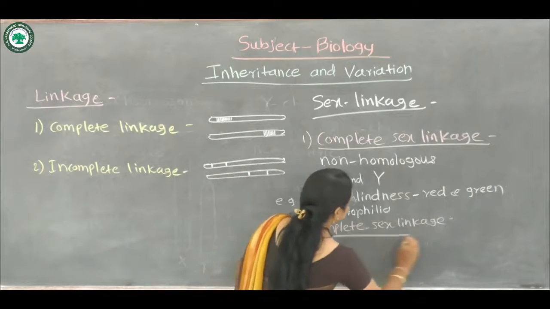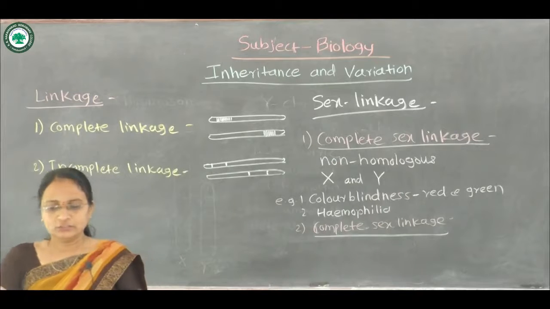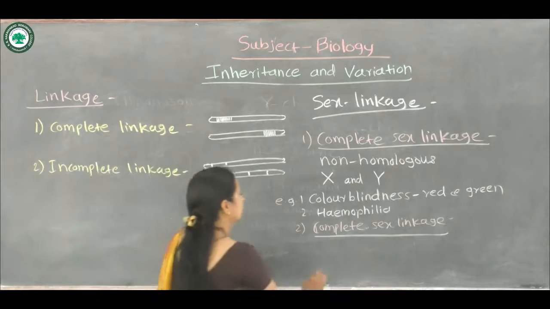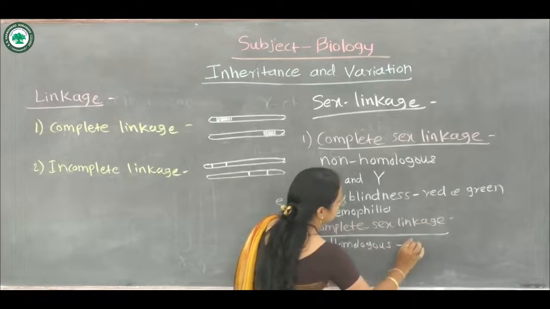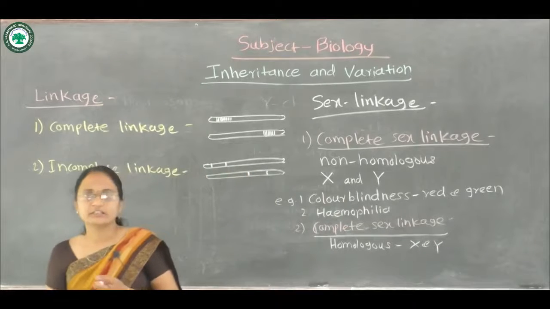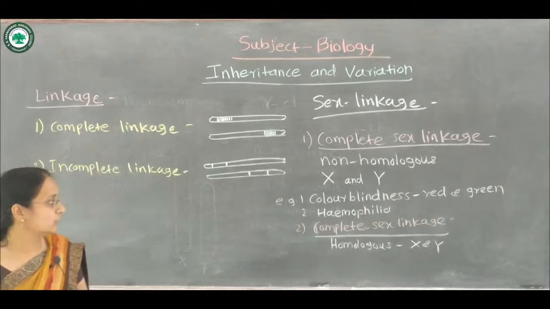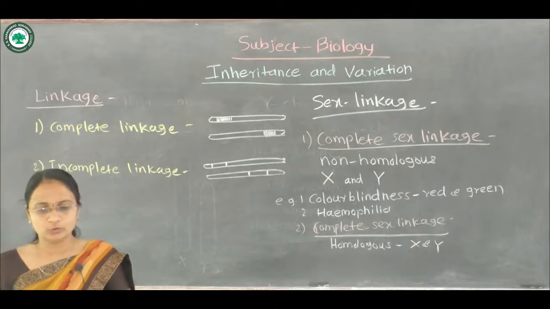Here, unlike the non-homologous region, the genes are located on the homologous region of the X as well as the Y chromosome. Here in the incomplete sex linkage, the genes are located on the homologous region of the X and Y chromosome.